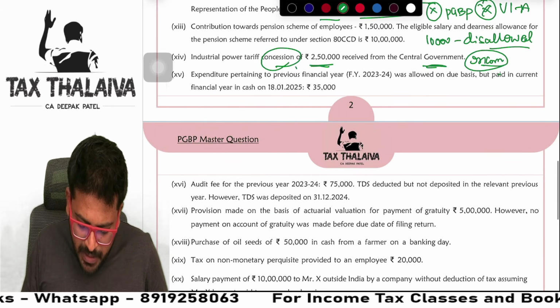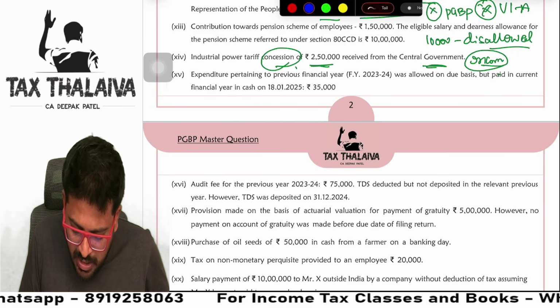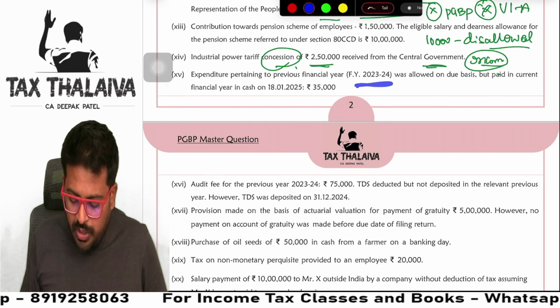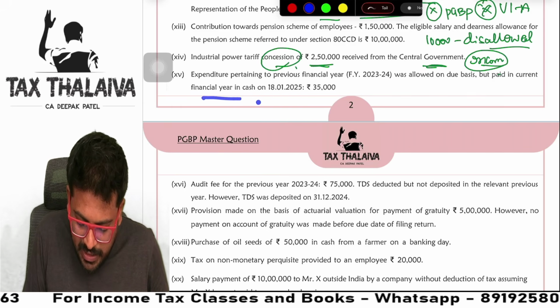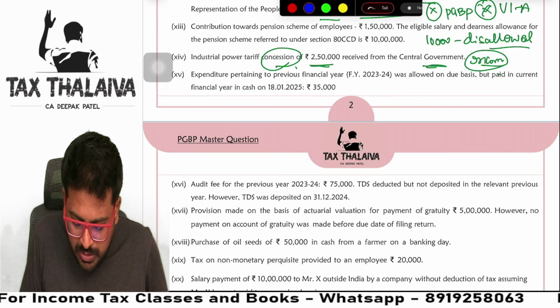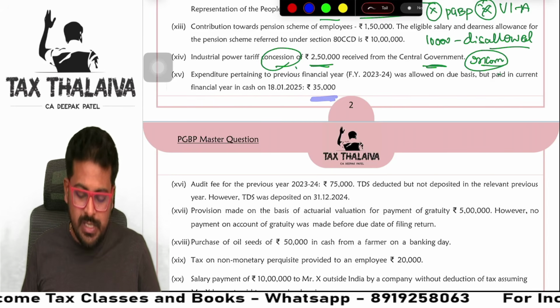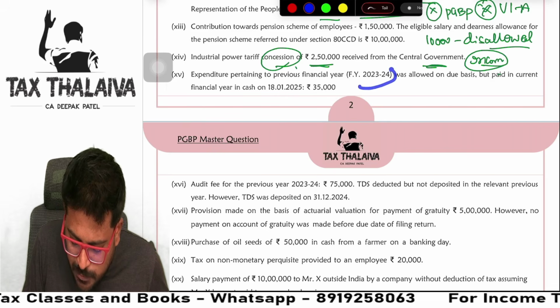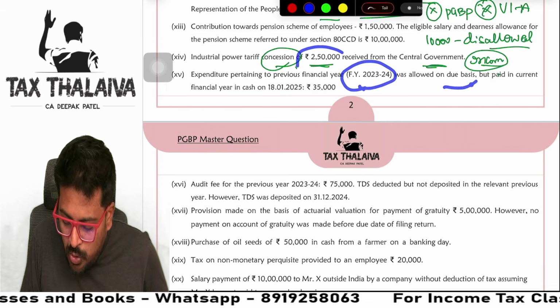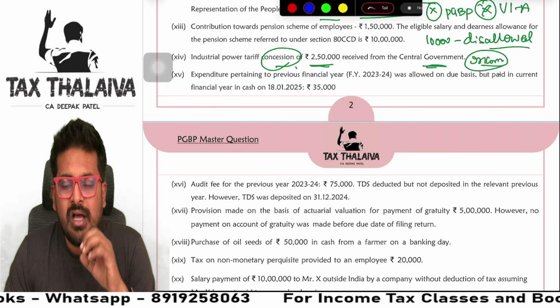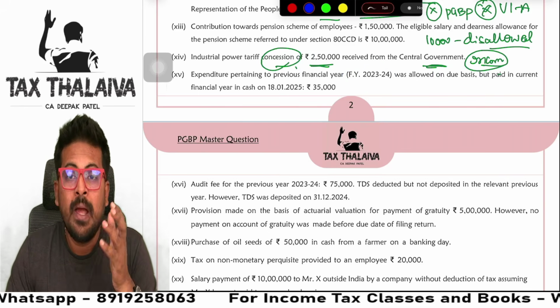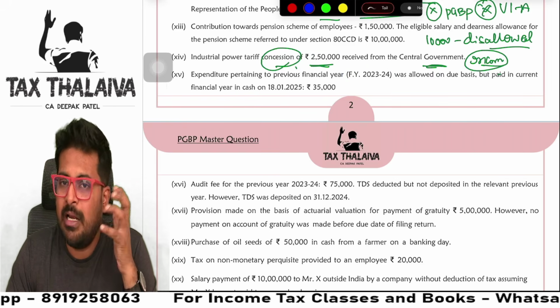Next, expenditure pertaining to previous financial year 23-24 was allowed on due basis, but paid in current year in cash on 18/1/2025, 35,000 rupees. Now understand this. Last year, expenditure was taken as a deduction on a due basis, mercantile basis of accounting.